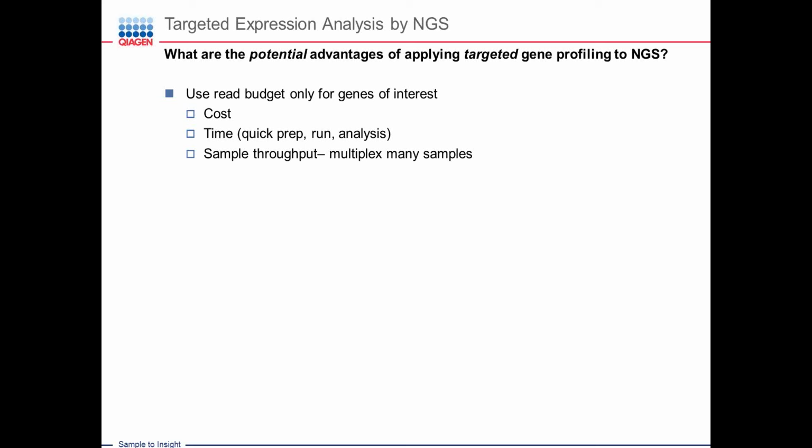And the analysis is much quicker because we're only sequencing, quantifying, analyzing and putting together the data for the targets that we're interested in. And the sample throughput is much higher because we can multiplex together on a desktop instrument easily 100 samples and up to several hundred samples, depending on how big the gene panel is that we're using.